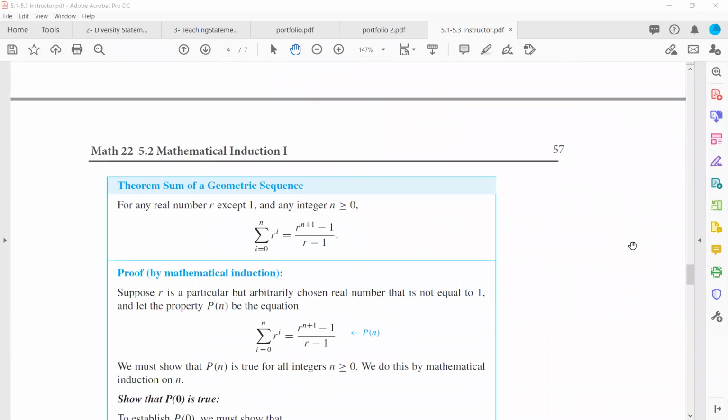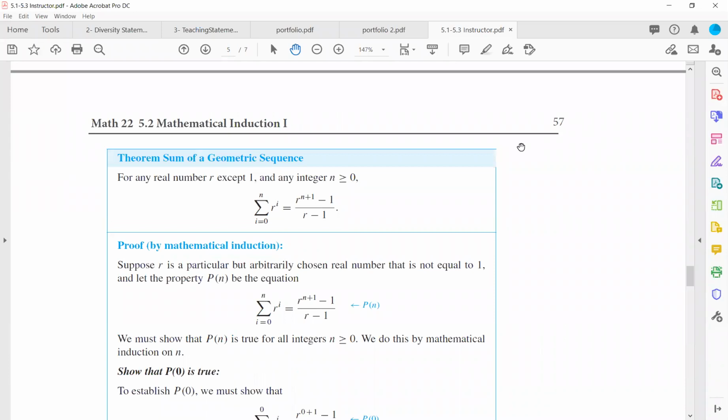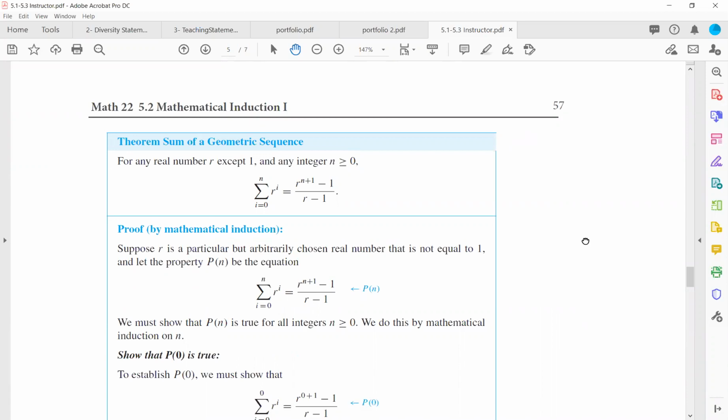Very well. You saw geometric series in calculus. So here's the formula for you, and we're going to use mathematical induction to prove this formula.